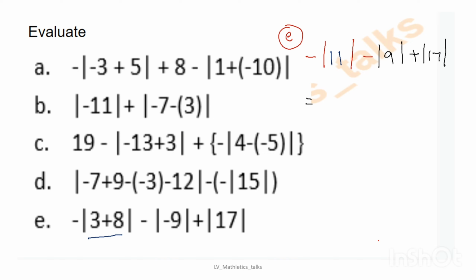So this is equal to minus absolute value of 11 is 11, absolute value of 9 is 9, plus 70. Now these two added together, you get minus 20 plus 70, which is equal to 50.